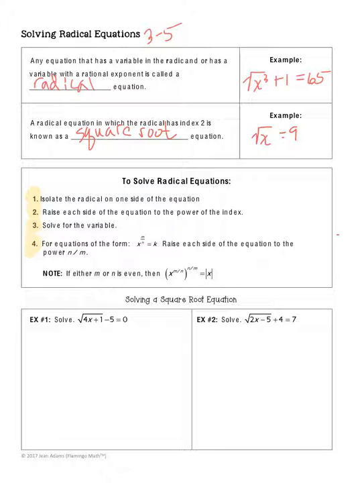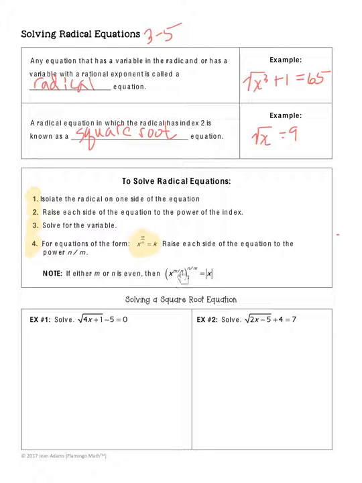Now, there is another little issue right here. If you have an equation that has not a radical, but a fractional exponent, then you need to raise each side of the equation to n over m. Notice that this one is m over n, and you're going to raise it to n over m. These are reciprocals of each other.